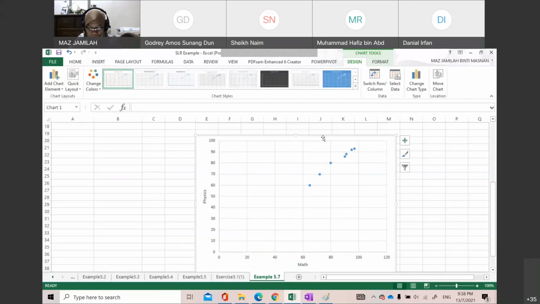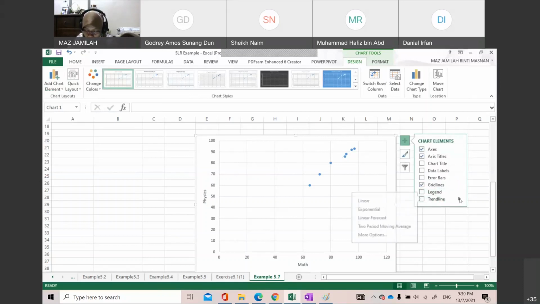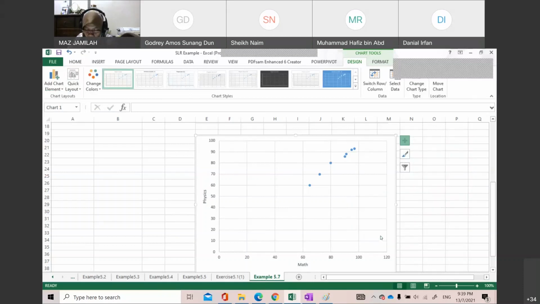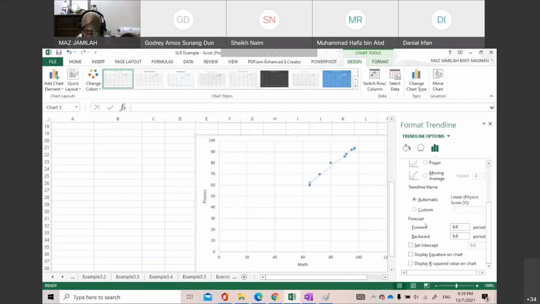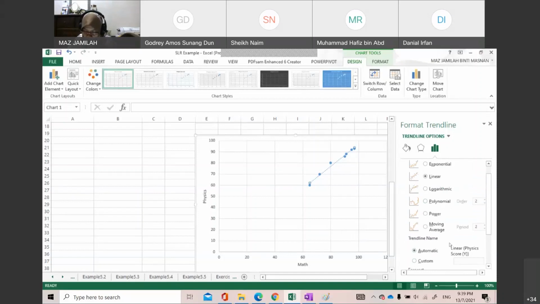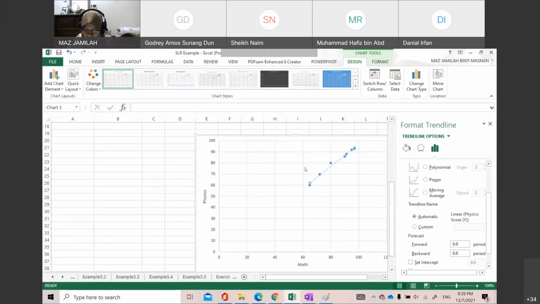Now, how do I add the equation line and the regression equation? Go to the plus, go to trendline, go to more options. The line has been done for you.